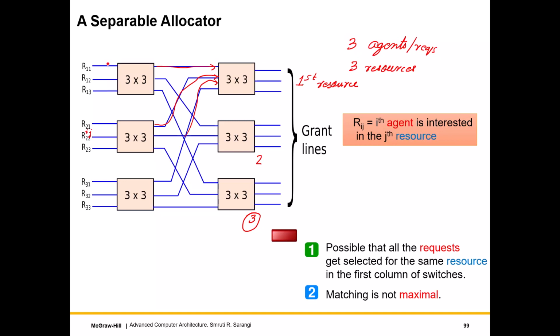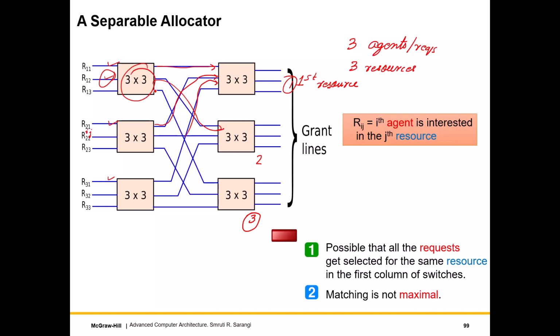So this will be selected, this will be selected, this will be selected, ultimately this will choose only one, even though it is possible that the first agent was also interested in the second resource, but this switch will not forward this request to here. As a result, you could have had more mappings clearly, but that would not have happened.